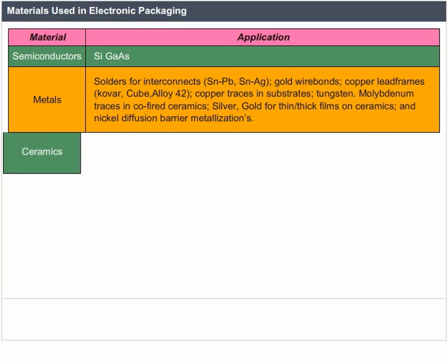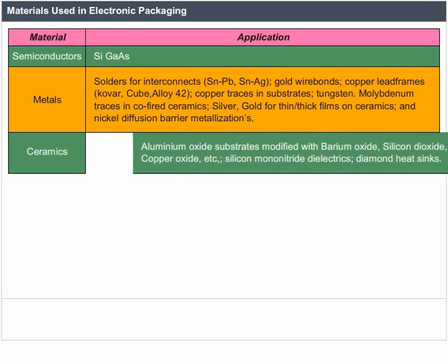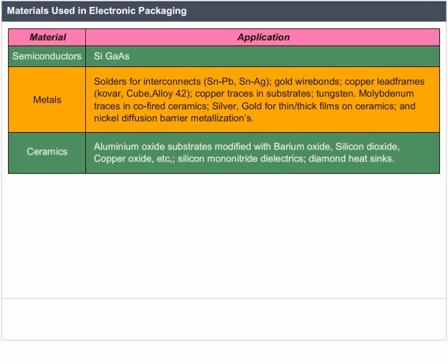Material: ceramics. Applications: aluminum oxide substrates modified with barium oxide, silicon dioxide, copper oxide, etc., silicon mononitride dielectrics, diamond heat sinks. Material: polymers.